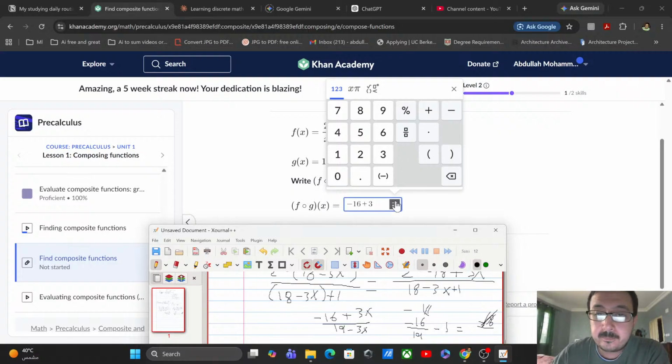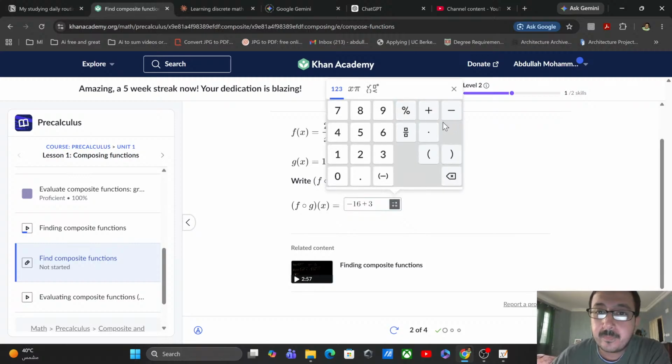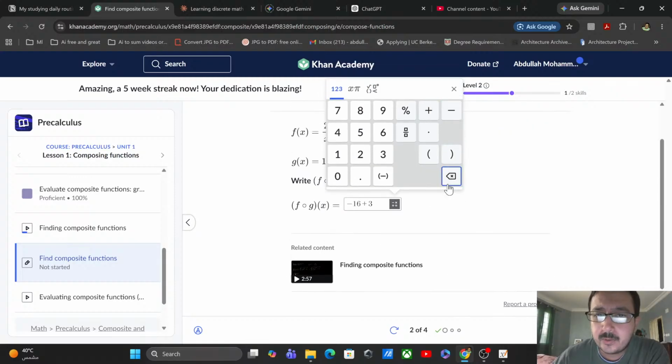So it's going to be minus 16. Where's the over sign? There is no over sign. Where's the division? Oh, we could use this.